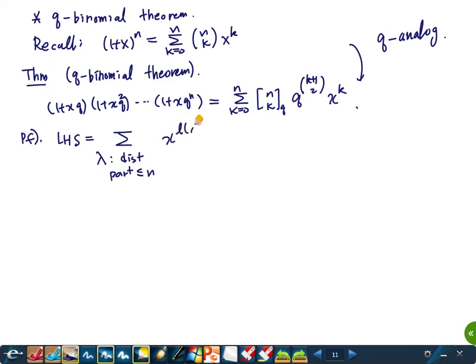Let me write and explain. I claim that the left-hand side is equal to this. Why? Because of selecting.